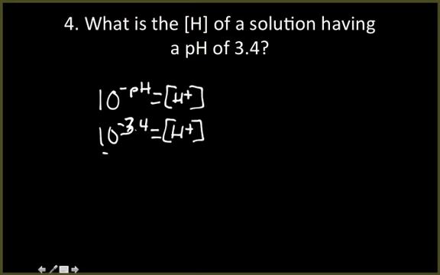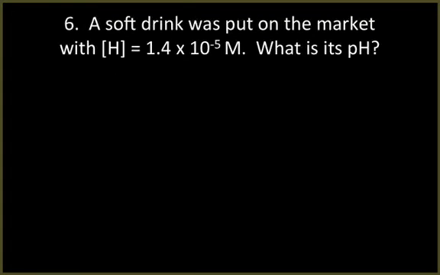Plug in and solve. Again, you just need to look for what you know and what you don't know, find the correct formula, plug it in, and solve for your unknown.